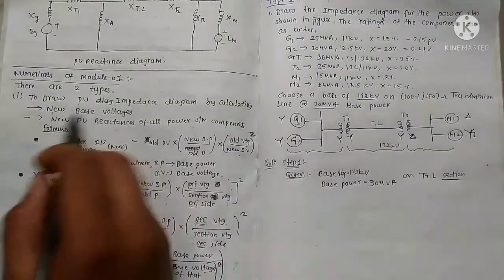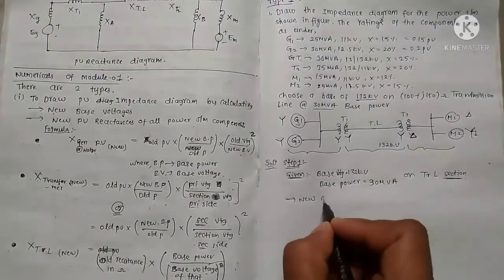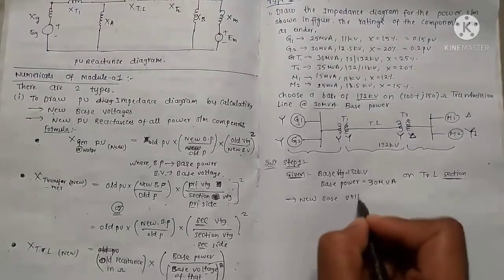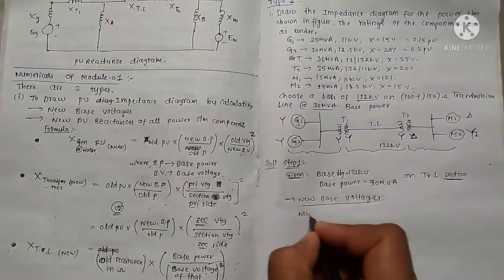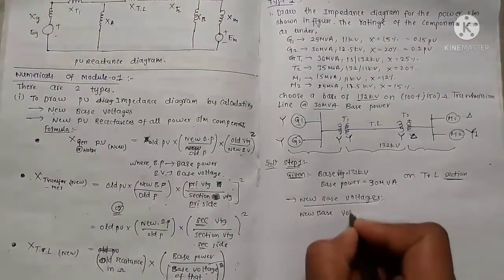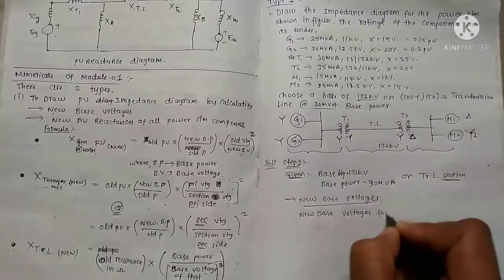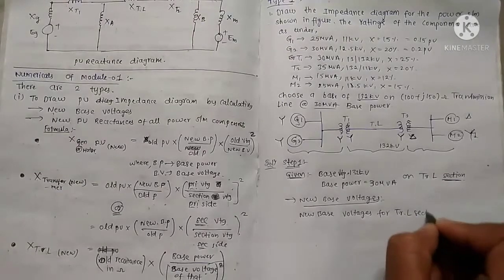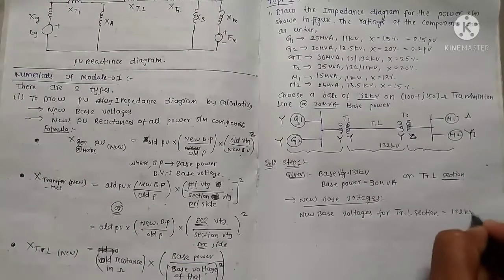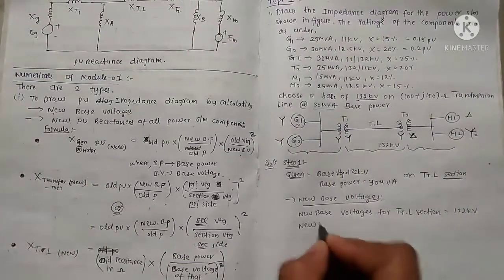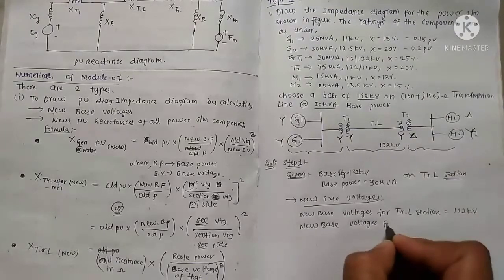Since our first step is to calculate new base values, the new base voltage for the transmission line section is 132 kilovolt, already given. Now we need to calculate the other section voltages.